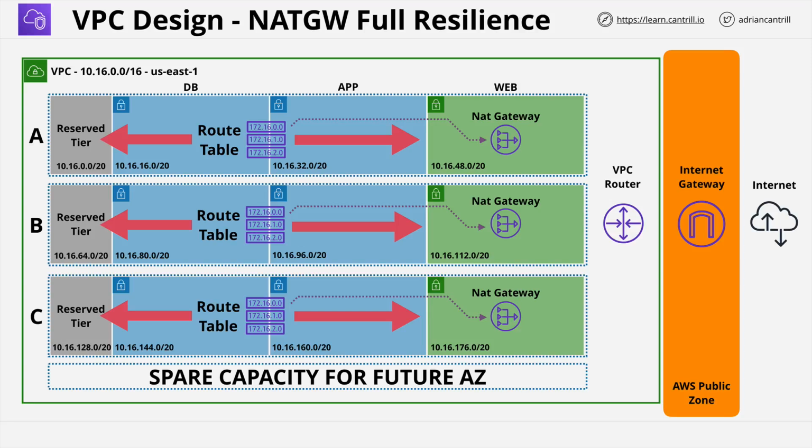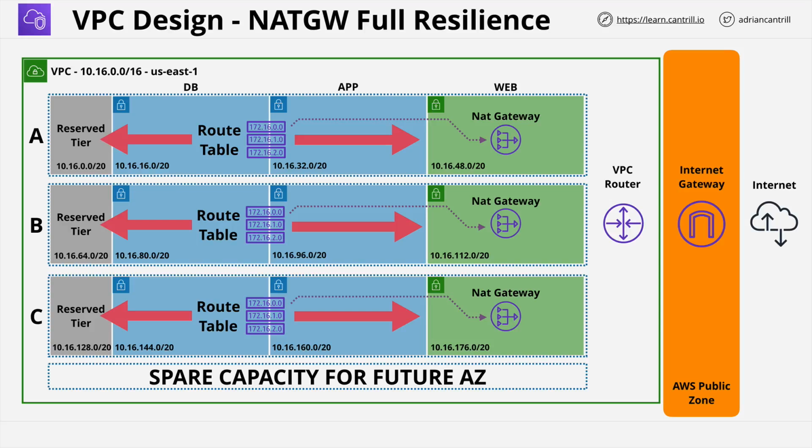Now this is important. I've seen it in a few exam questions where it suggests that one NAT gateway is enough, that a NAT gateway is truly regionally resilient. This is false. A NAT gateway is highly available in the availability zone that it's in, so if hardware fails or it needs to scale to cope with load, it can do so in that AZ.